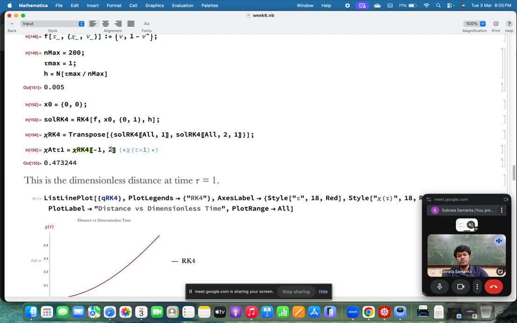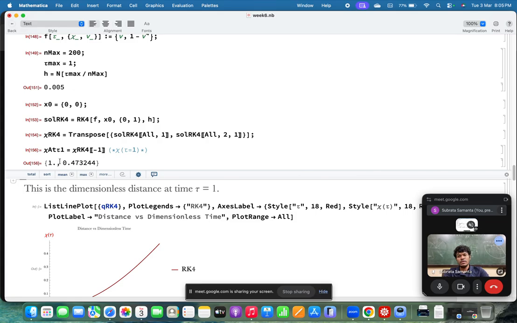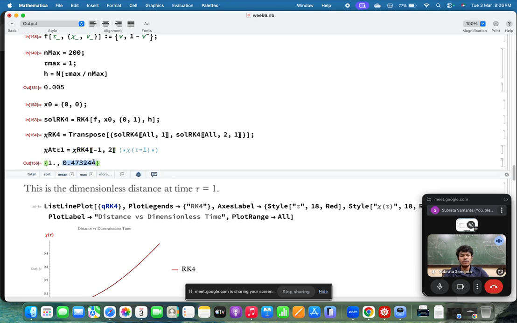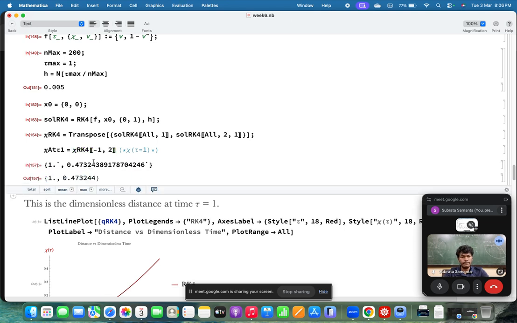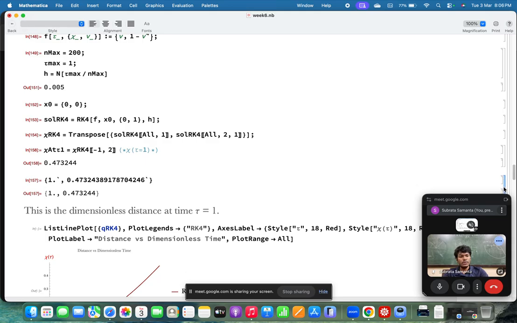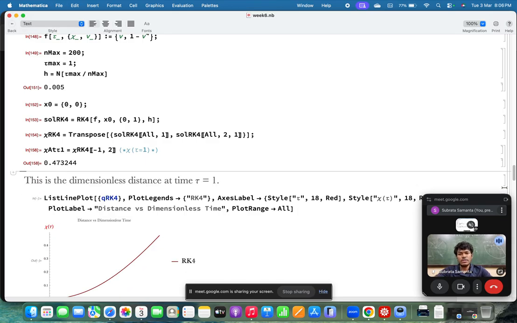If you do not put the index, it returns both the values of tau and chi, the first one tau and the second one chi. I extract only the second one because this is the chi values, so you just put comma 2. So this is the dimensionless distance at time tau equals 1.